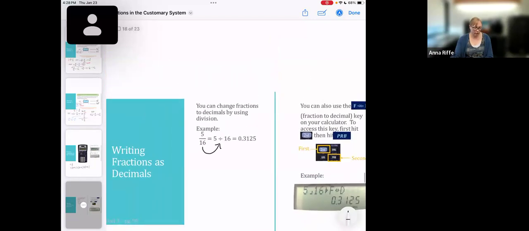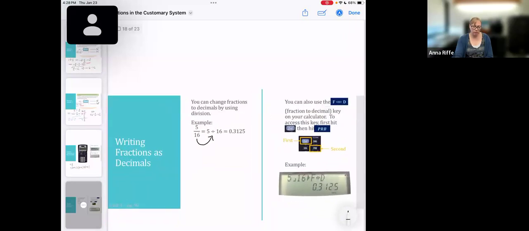An alternative to that is that TI calculator that I mentioned has this fraction to decimal key. You will need to hit the shift button or the second button to utilize it. But if you have something written in fractional form, you can hit that F to D key and it will change the form to decimal form, and vice versa. If you have something written as a decimal, it will change it to a fraction.